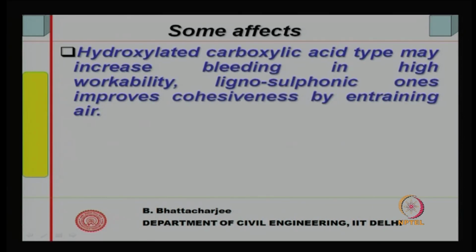Well, hydroxylated carboxylic acid type may increase bleeding in high workability, and lignosulfonic ones improve cohesiveness by entraining air. So, these are some secondary effects.